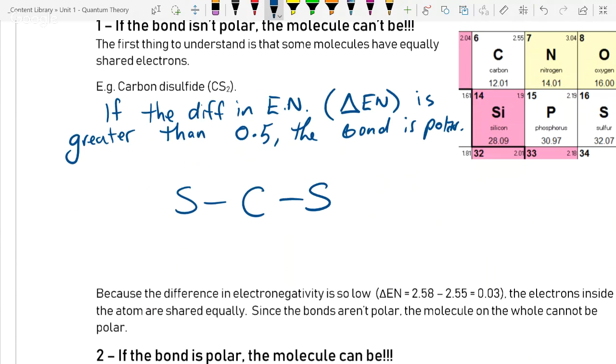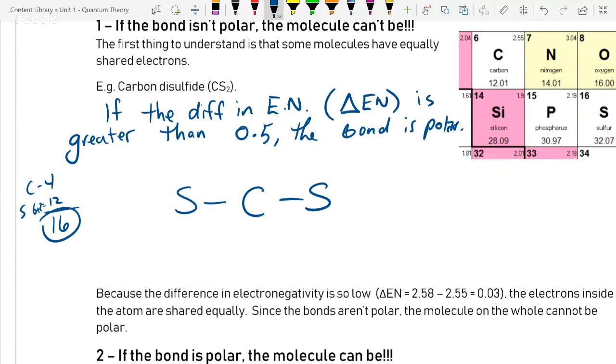But of course, before I do that, what do I really want to do first so I know what I'm doing with this? Count the electrons. Good. How many do I get from carbon? 4. How many do I get from each sulfur? 6. And there's 2 of them. So my total is 16.